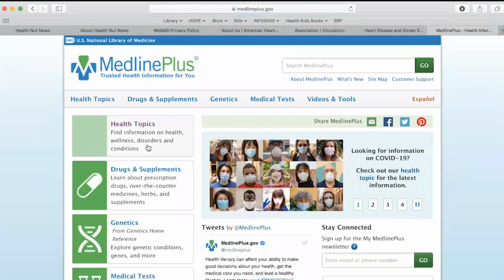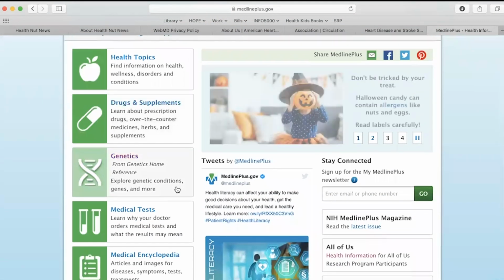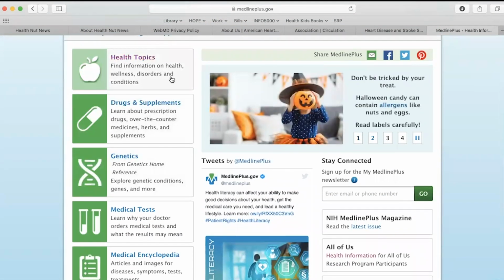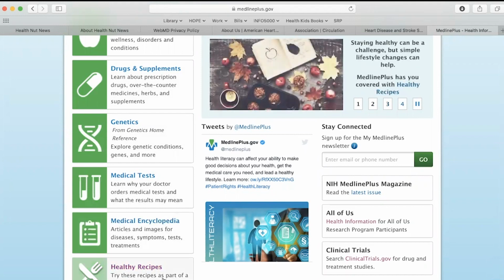But going back to the main page, the way information is arranged here is in 5 different areas. The first being health topics, then drugs and supplements, genetics, medical tests, medical encyclopedias, and lastly, just healthy recipes. But that's just a fun addition.